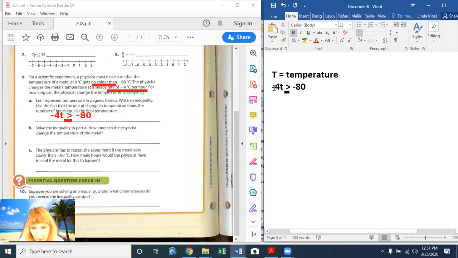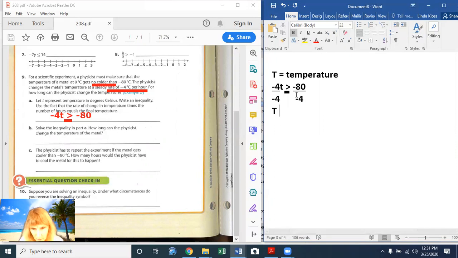So we are going to divide by -4 on both sides of the inequality, because the inverse of multiplying is dividing. We now are given t because the -4 divided by the -4 cancels out to 1, or just t.